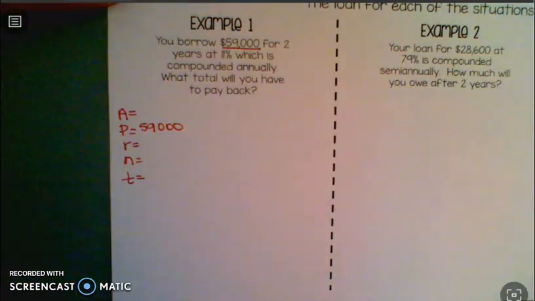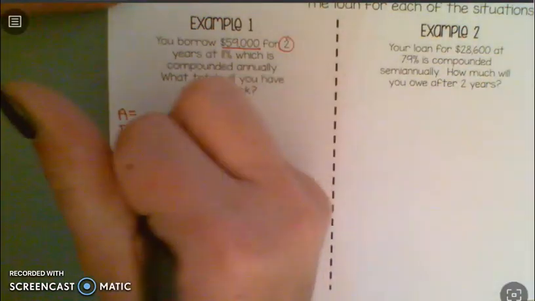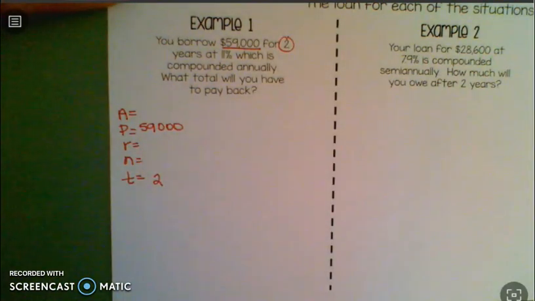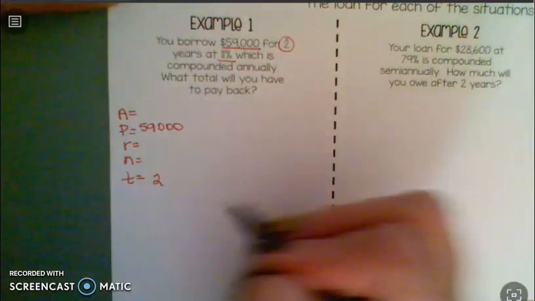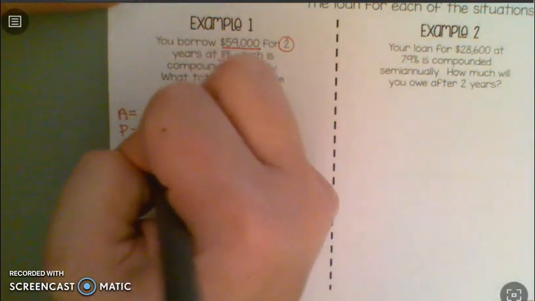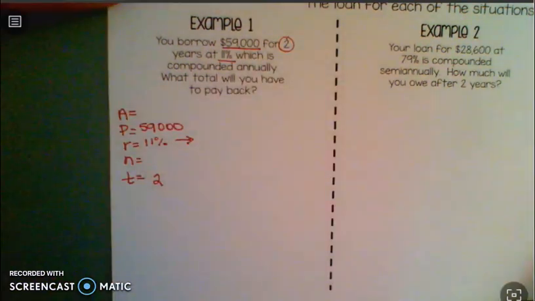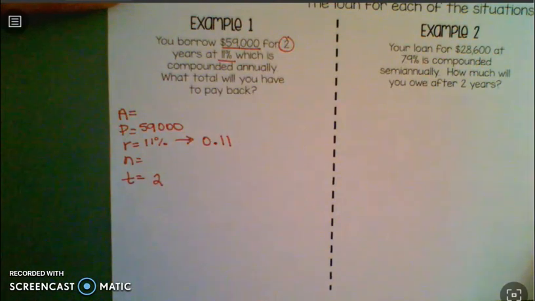We then say for 2 years. So the 2 years, that's time. It says at 11%, so 11 is our rate. But remember, every time you have a percent, you have to change it to a decimal. So that's 0.11.